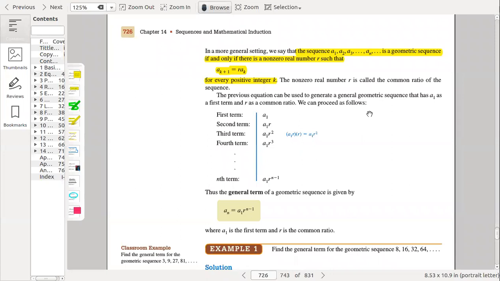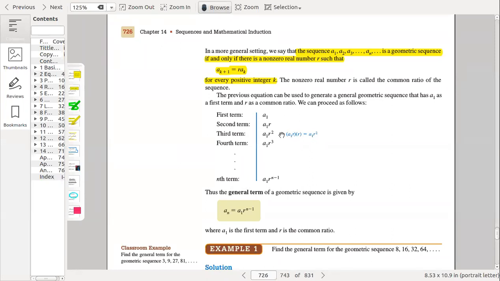We can proceed as follows. The first term is a1, the second term is a1 times r, the third term is a1 times r squared, the fourth term is a1 times r cubed, and the nth term is the first term times r to the power n minus 1.